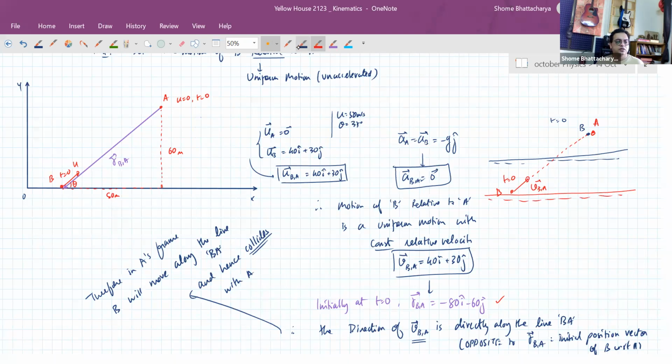So you can see that this distance is how much? It is 100 meters. And the magnitude of this relative velocity is how much? It is 50 meters per second.